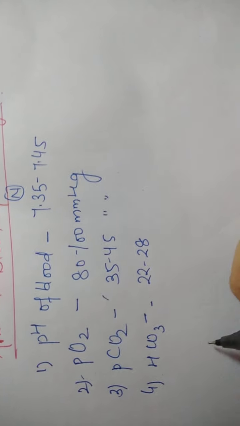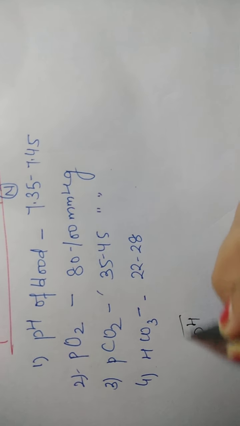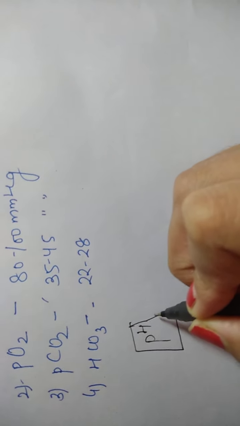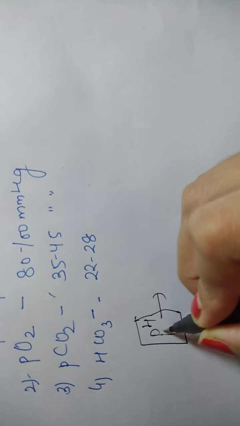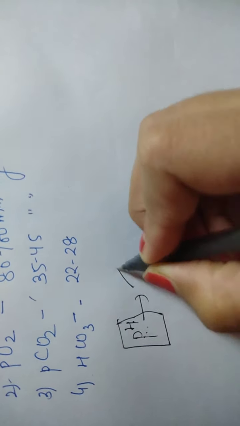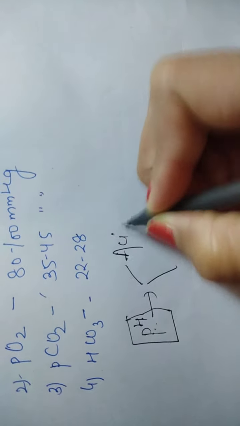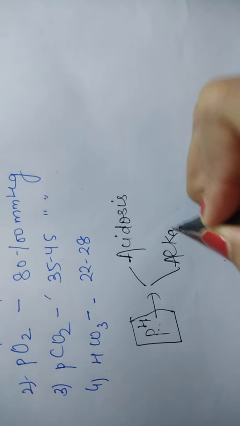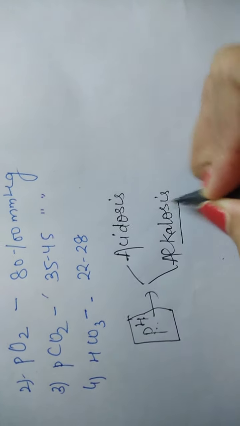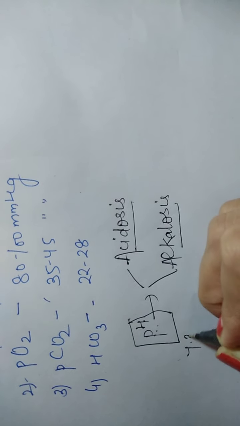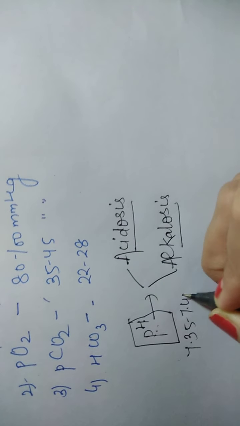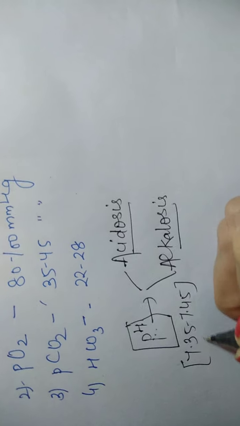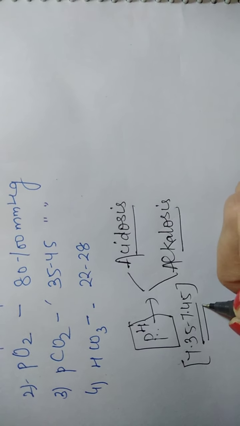Now, we will see what pH means and what it indicates. pH is power of hydrogen ion. It will tell whether the person is having acidosis or alkalosis. The normal pH is 7.35 to 7.45, which indicates that blood is slightly alkaline in nature.